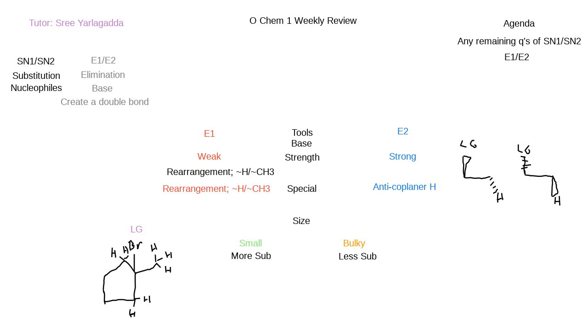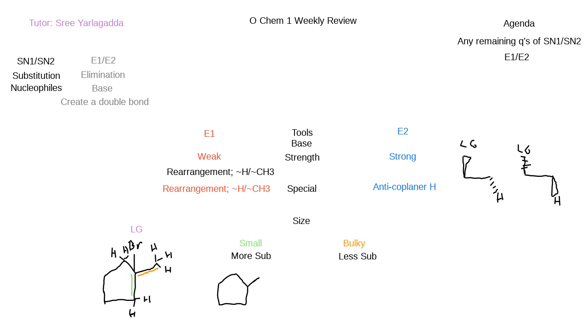So if you go down, you would get more substituents, and if you go to the right, you would get fewer substituents, okay? So let me redraw the structure.